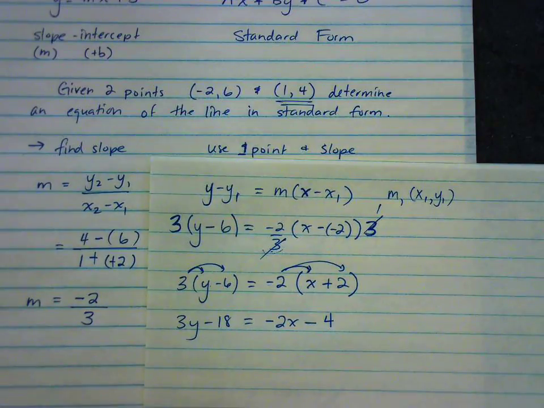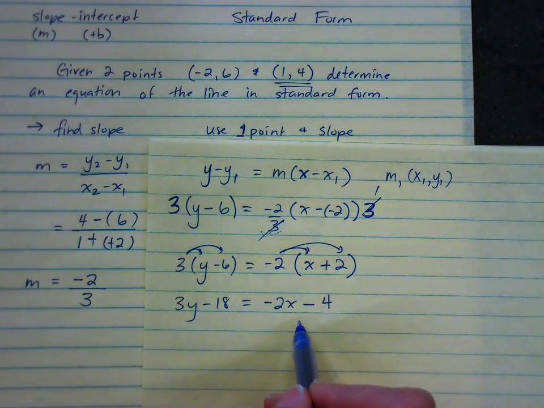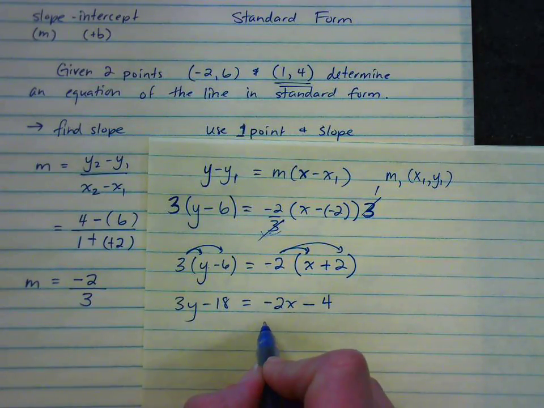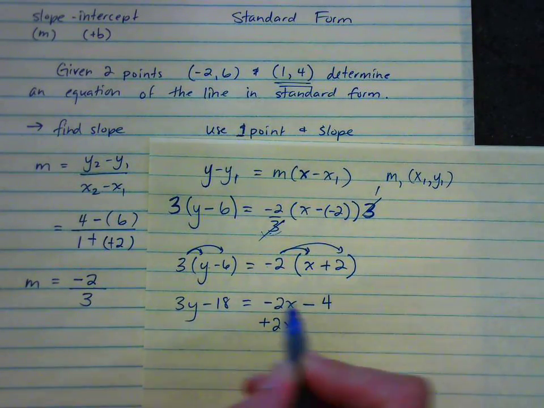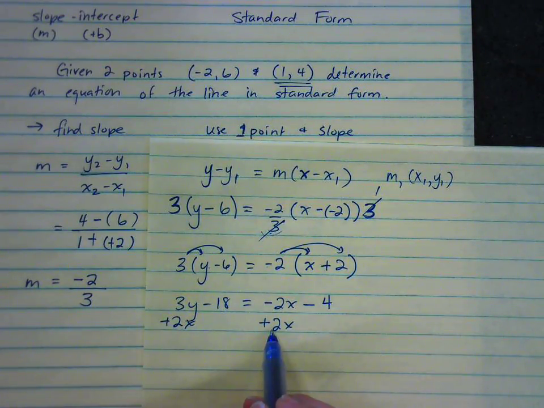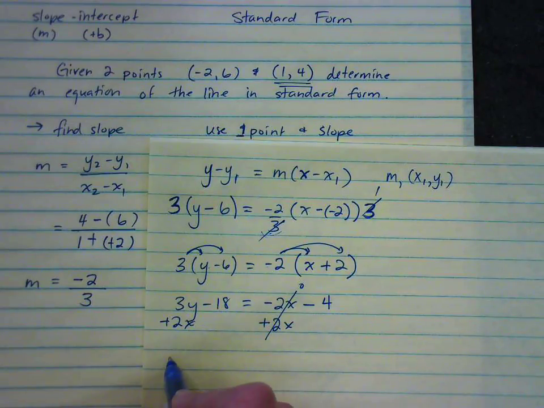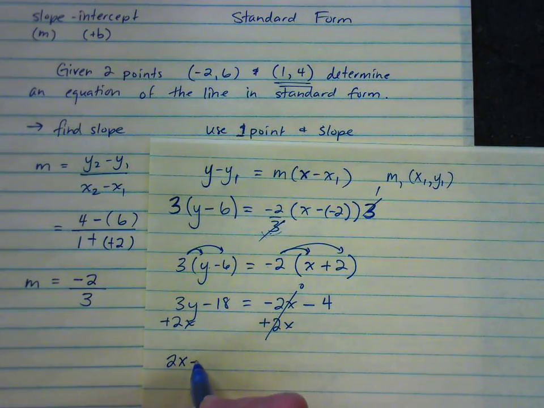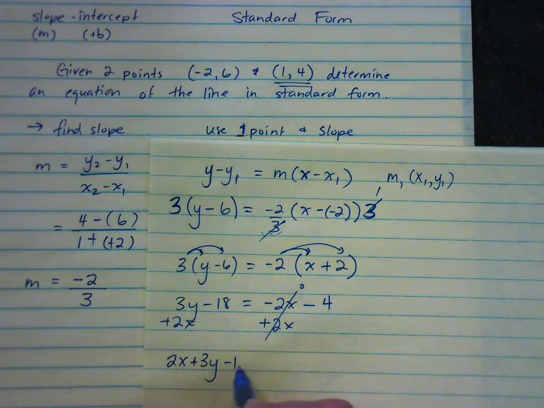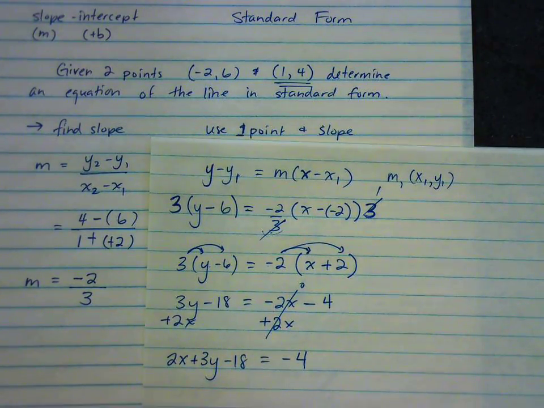Now I'm in the same predicament I was before. I want to get rid of all the terms on the right-hand side, so I'm going to add 2x to both sides. I've done it on both sides, but on the right-hand side, I'm left with 0. On the left-hand side, I have 2x plus 3y minus 18, and on the right-hand side, I'm left with negative 4.